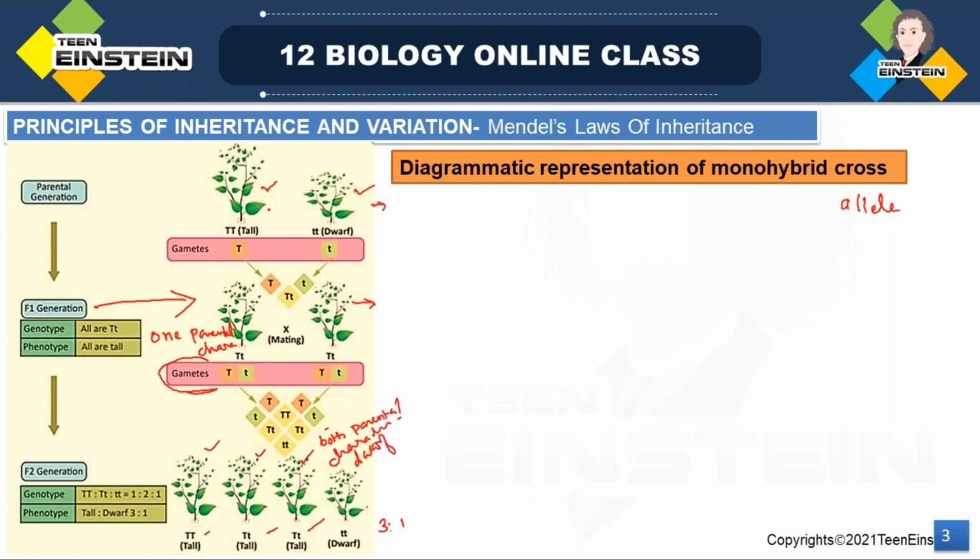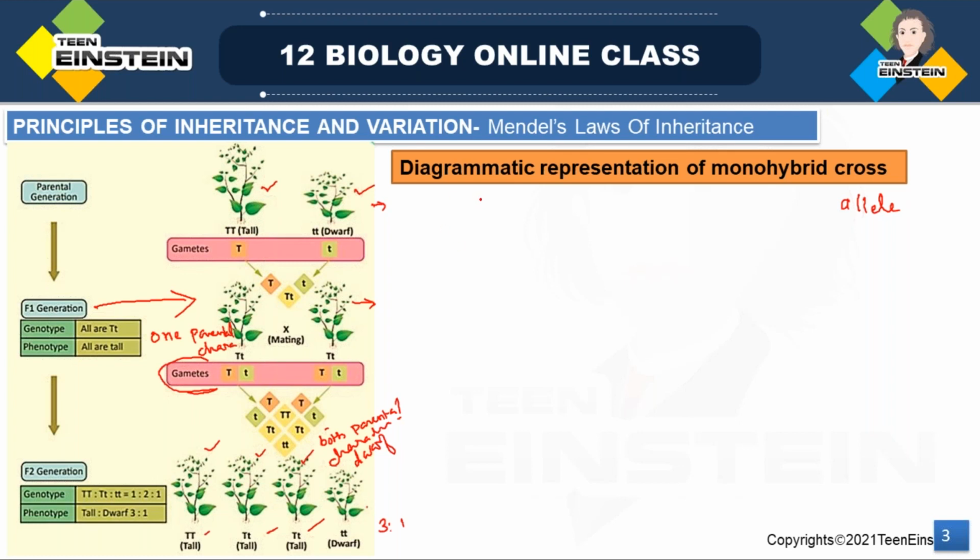Here we are considering the character plant height. Capital T means tall. The dominant character we express using a capital letter, and the recessive form of the same character we express using a small letter.